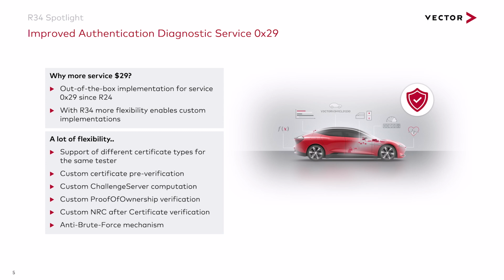However, it may help to provide additional security and thus can now be configured if needed. 3. In addition, there are 4 central callouts that allow Service 29 to be customized. These are pre-verification, challenge service computation, proof of verification, and NRC after certificate verification.